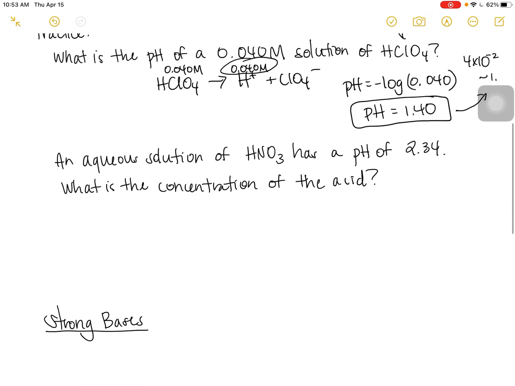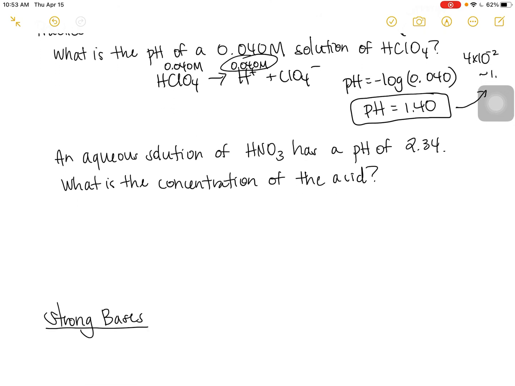Okay, we can of course go the other direction, because if we know pH, then we also know H+ concentration. So it says an aqueous solution of HNO3 has a pH of 2.34. What's the concentration of the acid? So I know I can find the H+ concentration by taking 10, raising it to the negative pH.